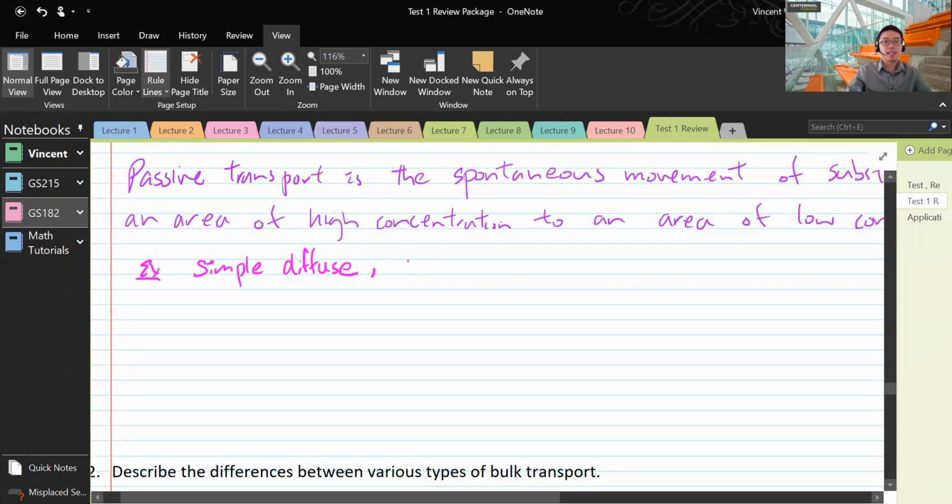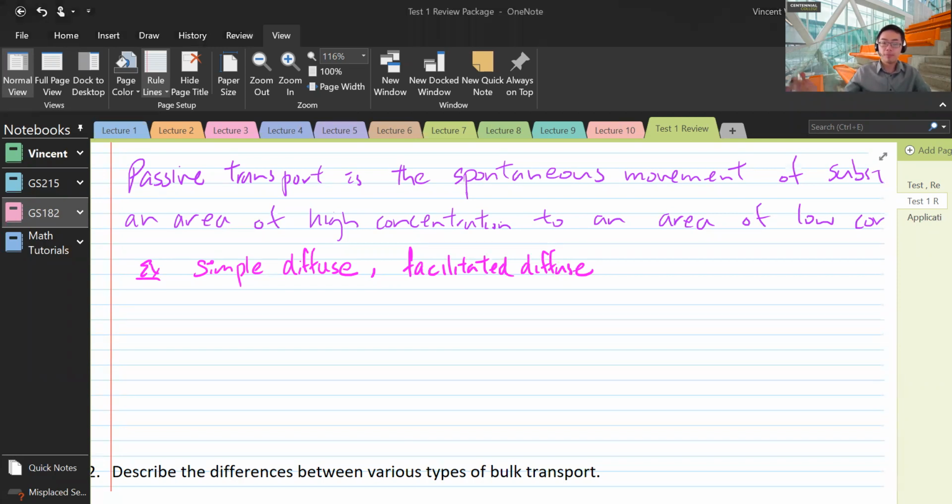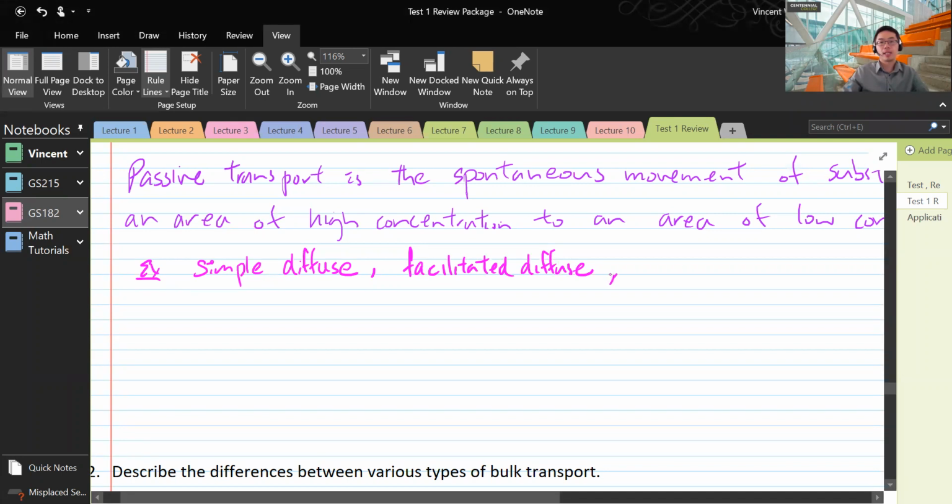Yes, facilitated diffusion is correct. Facilitated diffusion is transport that involves the help of a membrane protein. Things that are charged, things that are too big, that cannot cross the membrane on their own will require the help of either a channel protein or a carrier protein. That is an example of facilitated diffusion. And osmosis, that's right.